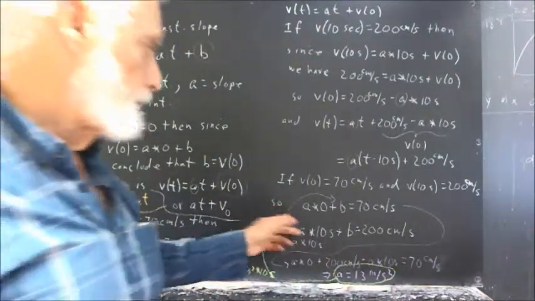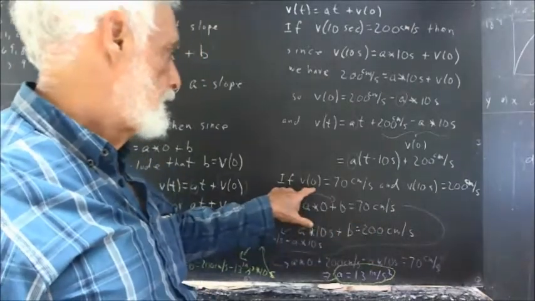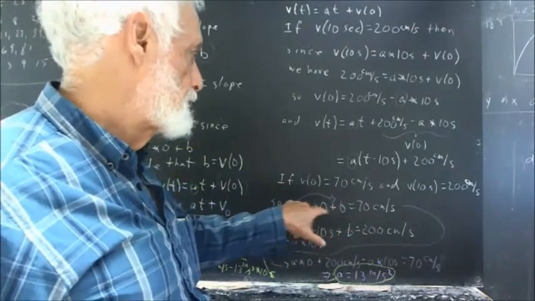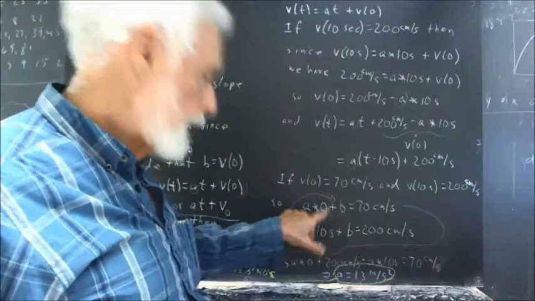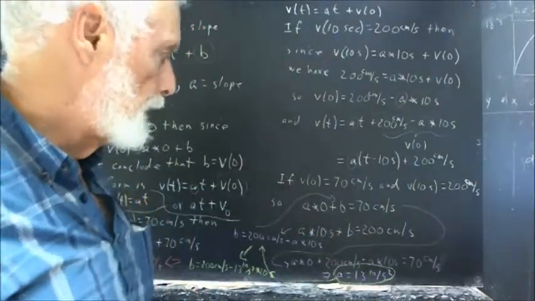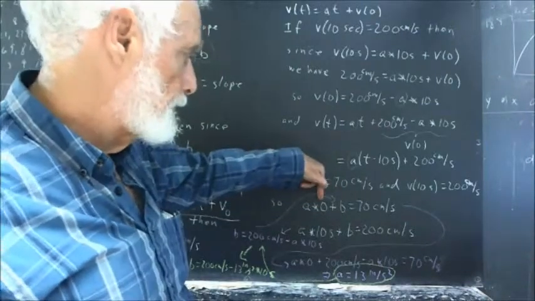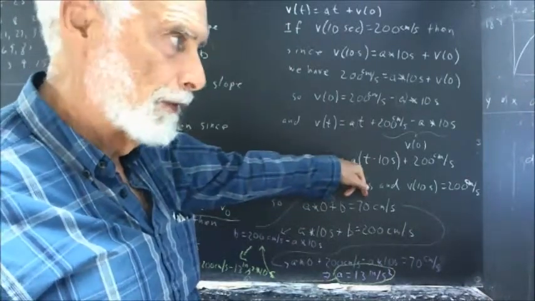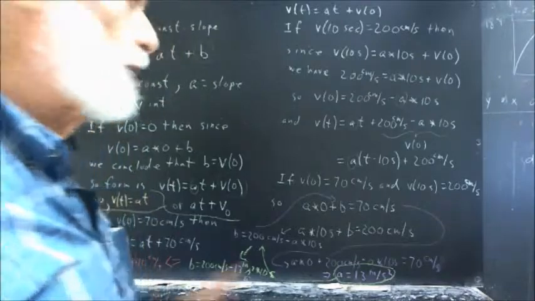Okay, again, the first equation we get, substituting t equals 0 and setting our at plus b equal to 70 centimeters per second, we get this equation. Now, it's clear that since this is a times 0, we just get b equals 70 centimeters per second. I'm not going to actually use that.